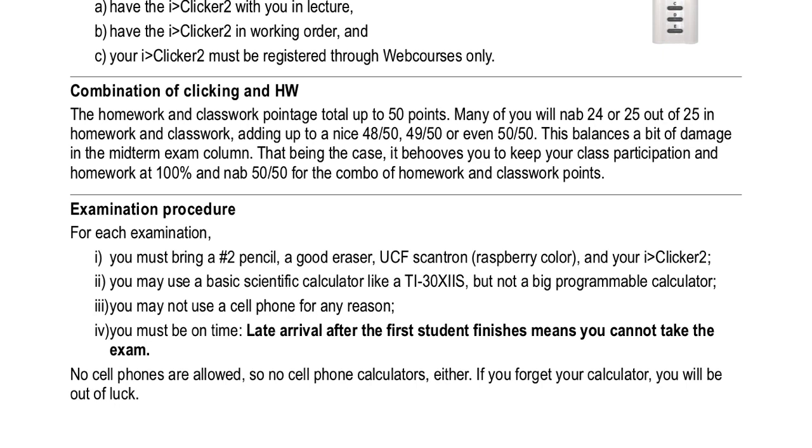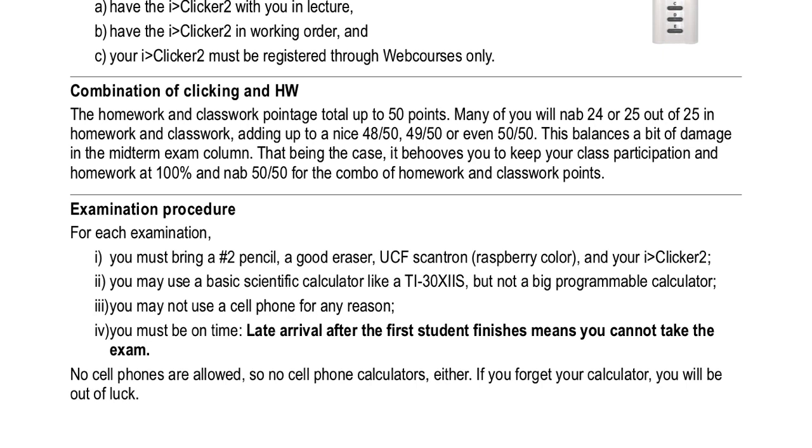You may use a scientific calculator. In fact, somebody left one up here. Yeah, right here. One of these, $15 over in the bookstore, Walmart. But not a big programmable calculator. Okay, so get one of these. Borrow it off a roommate or something.